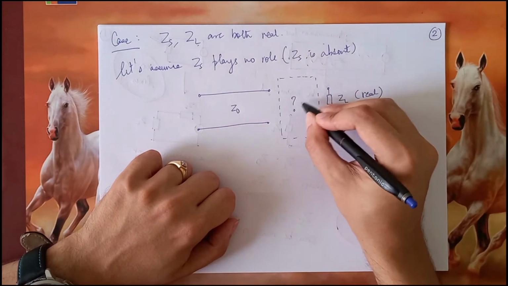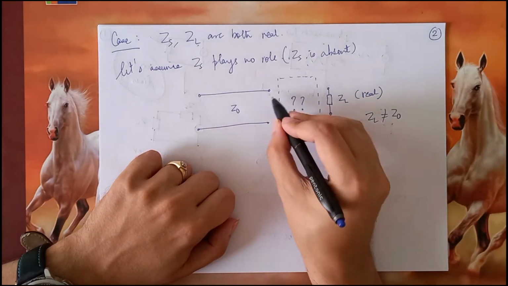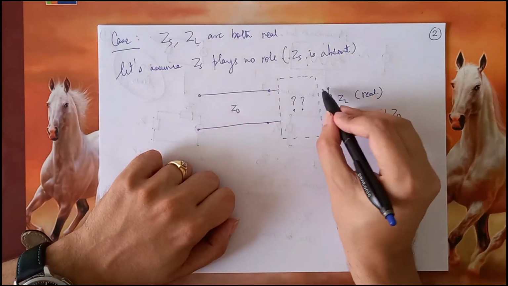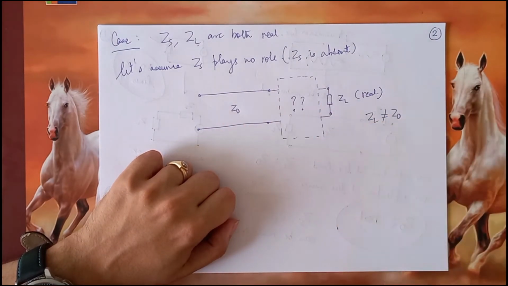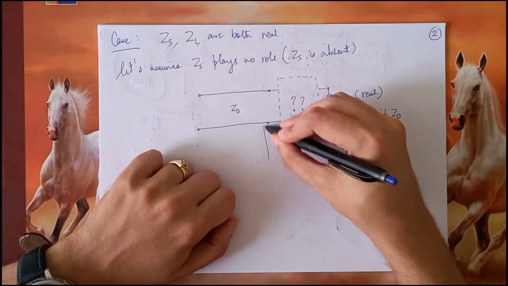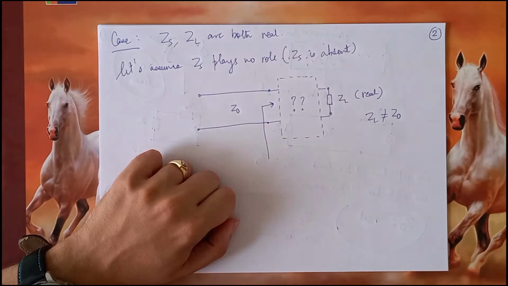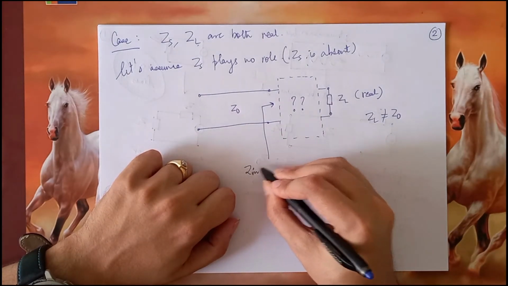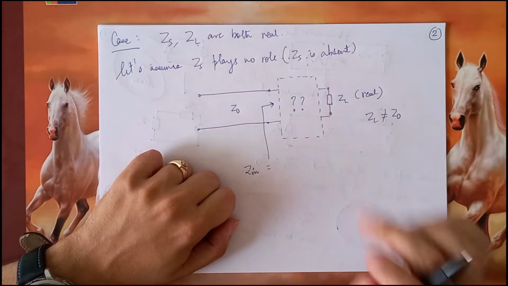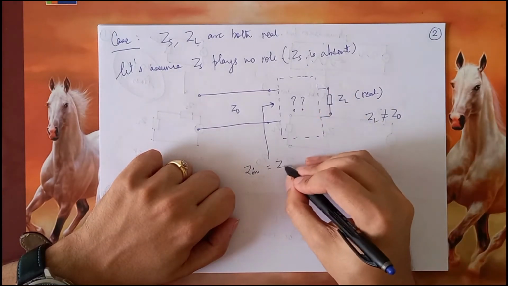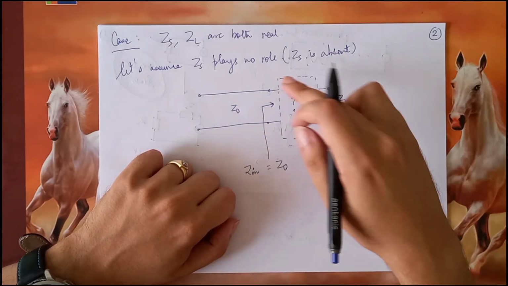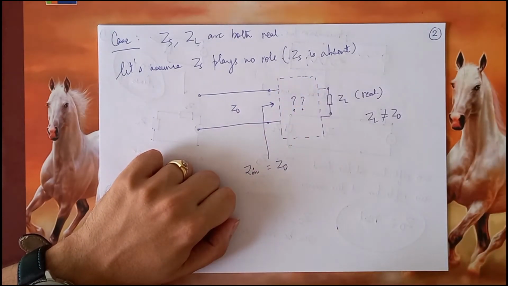Let us say this is some kind of a black box where on one side we connect our main transmission line and on the other side we connect this ZL, such that when we are looking into this black box, the impedance seen, let us say Zin of this black box, should be equal to Z0. So therefore it ensures that there will be no reflections.